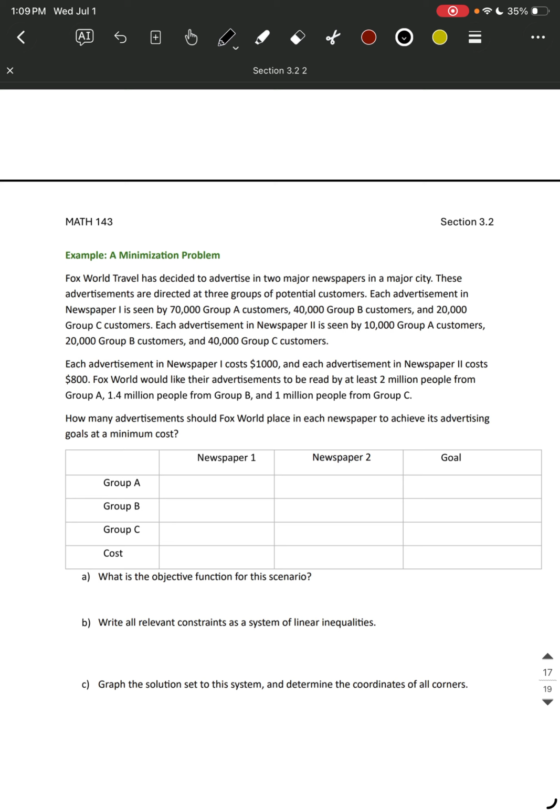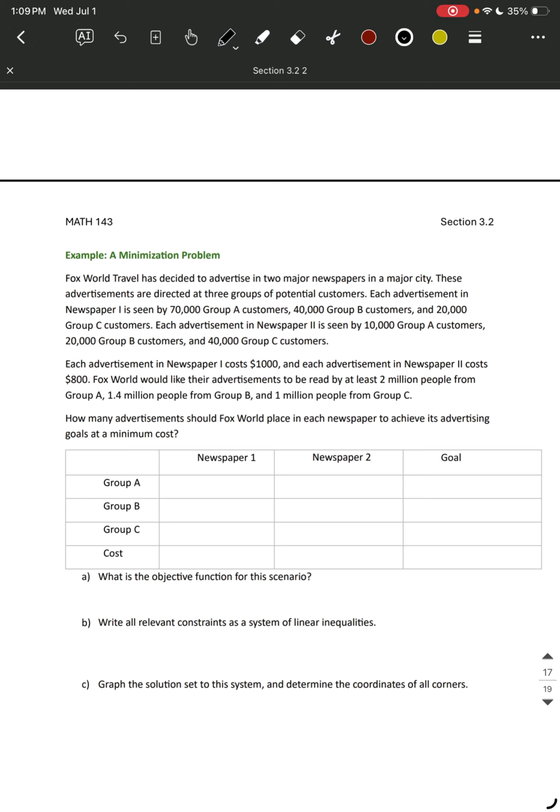Also, each advertisement in newspaper 2 is seen by 10,000 group A customers, 20,000 group B customers and 40,000 group C customers. Each advertisement in newspaper 1 costs $1,000 and each advertisement in newspaper 2 costs $800.